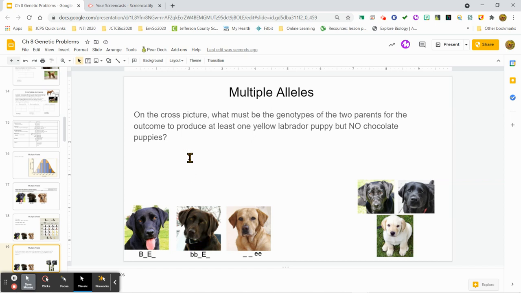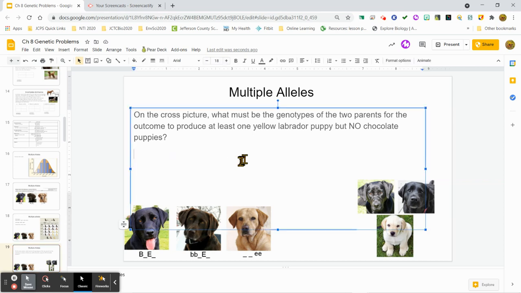So in order for them all to be black, the parents are black, right? So they have to have at least one. They probably have 2 big B's because you don't want any chocolates, and chocolates are little B's.